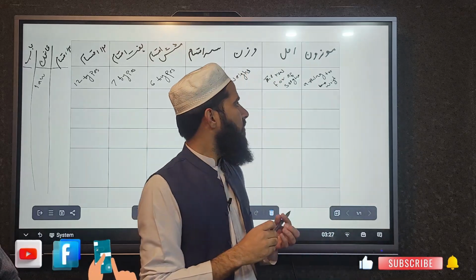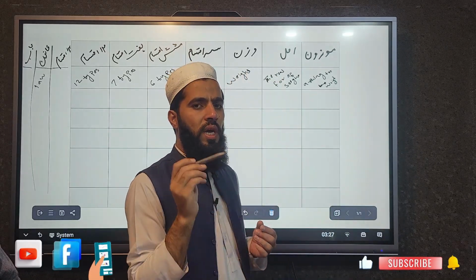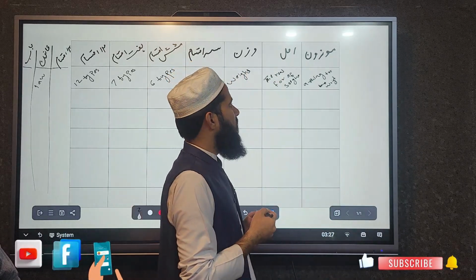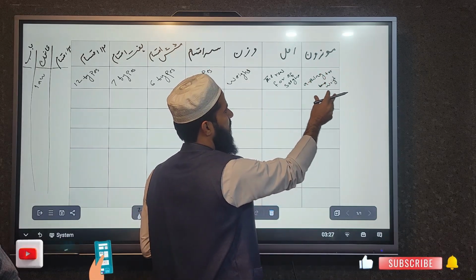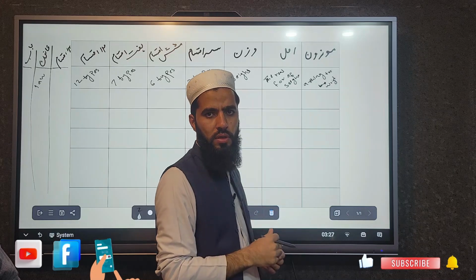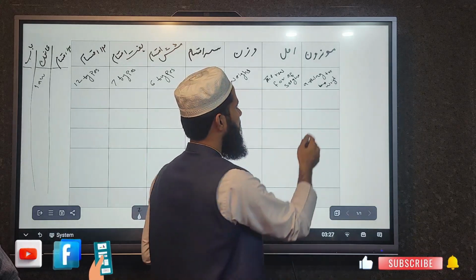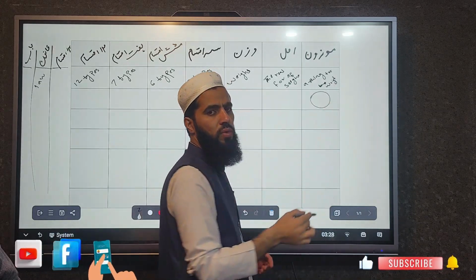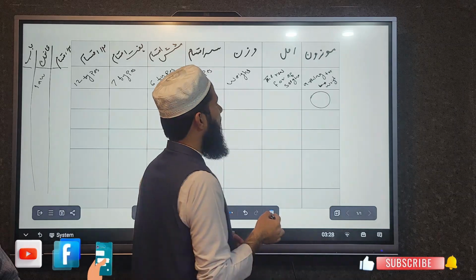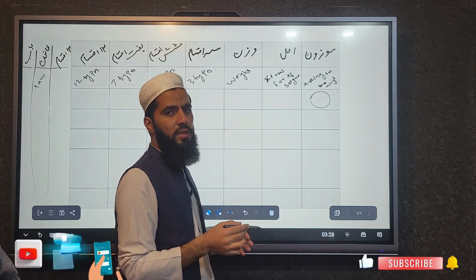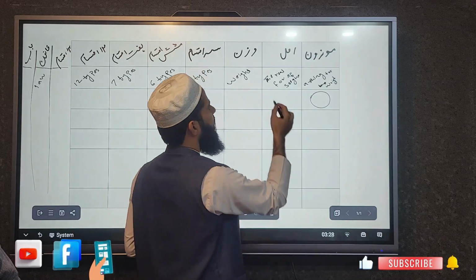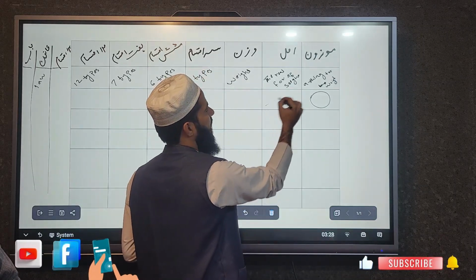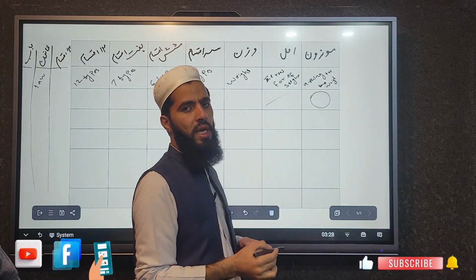It's your wish where you bring it from. We will bring the sigha and put it in the mawzun box. After it we will see what the real form of this sigha was, and when we know the real form, we will put it here.